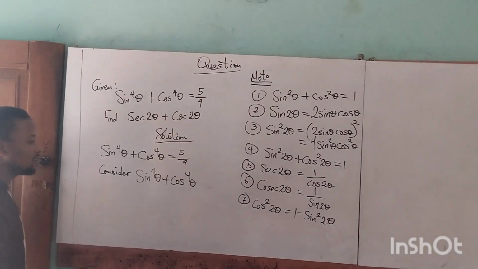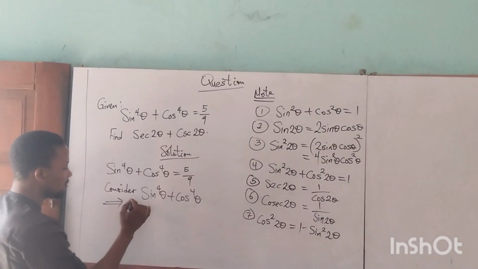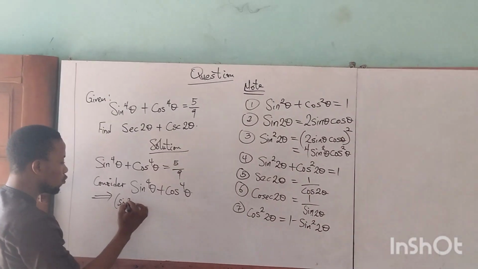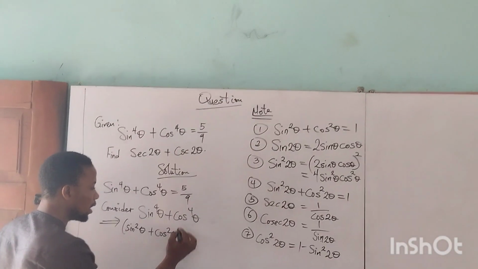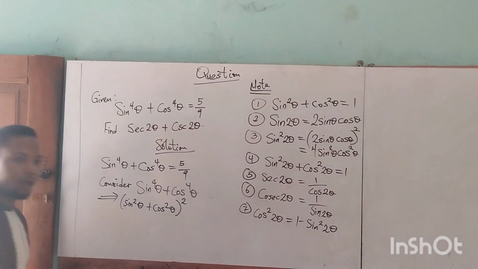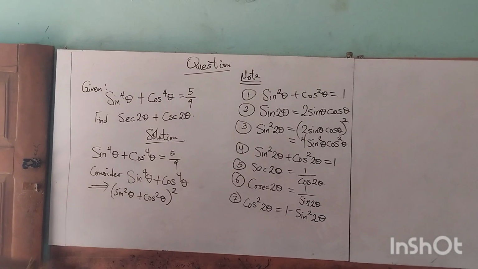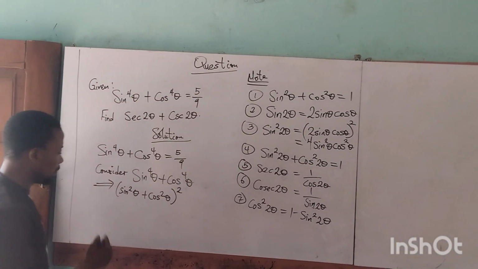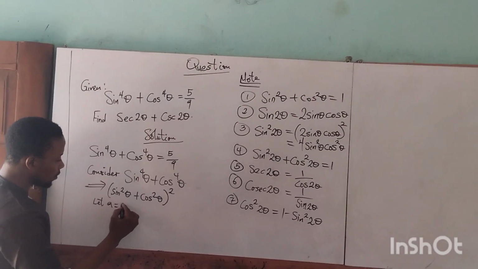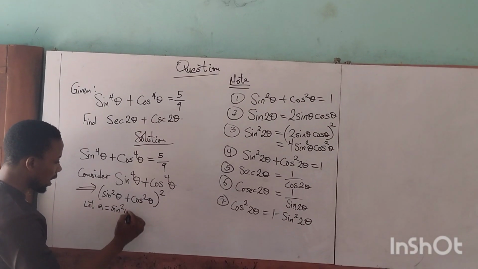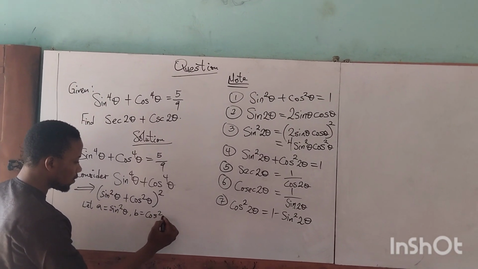If I consider this, I can say this implies sine square theta plus cos square theta all raised to power 2. Let A be equal to sine square theta and B be equal to cos square theta.